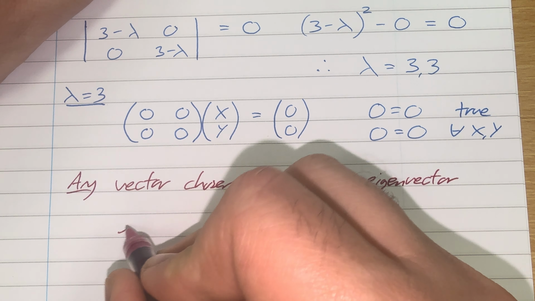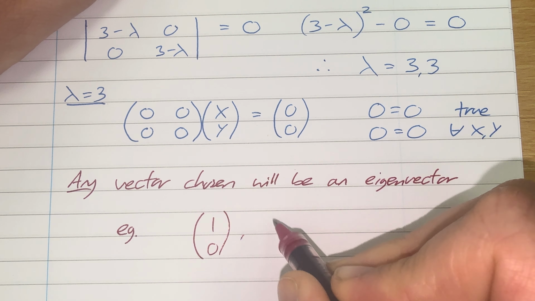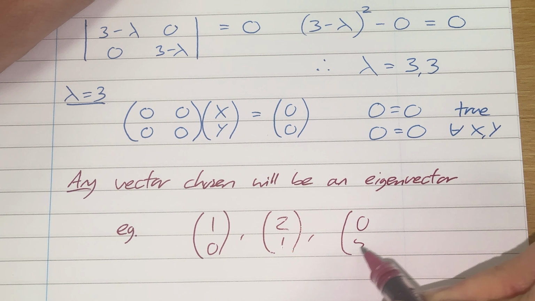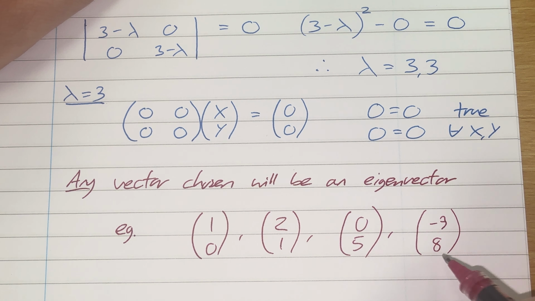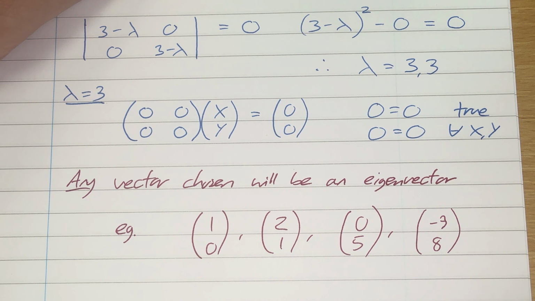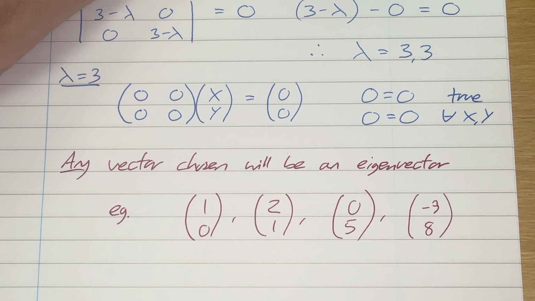So, for example, we could have the vector 1, 0, or we could have 2, 1, or we could have 0, 5, or we could have -3, 8, or we could have anything. Any two numbers, as long as they're not both 0, will be an eigenvector for this case.